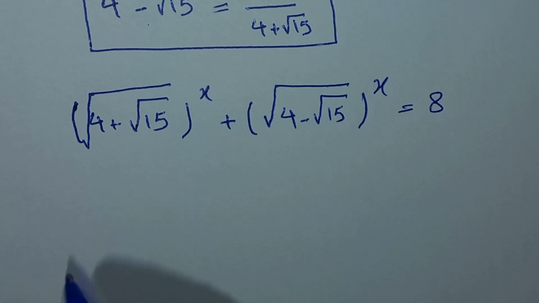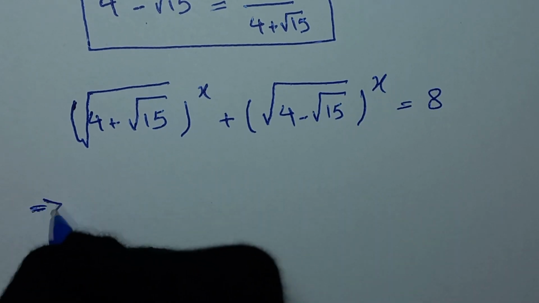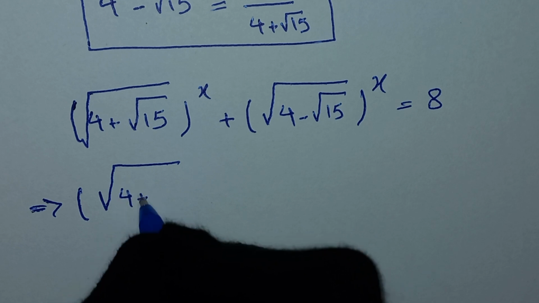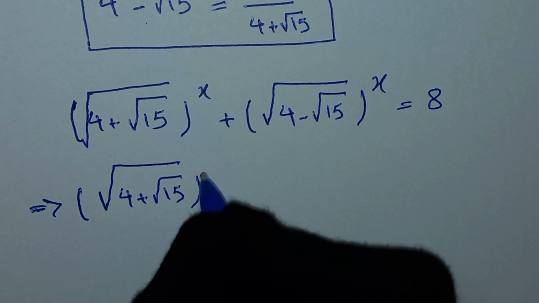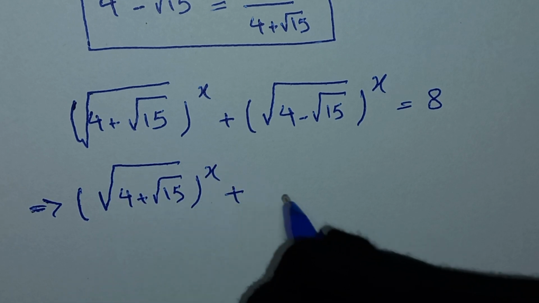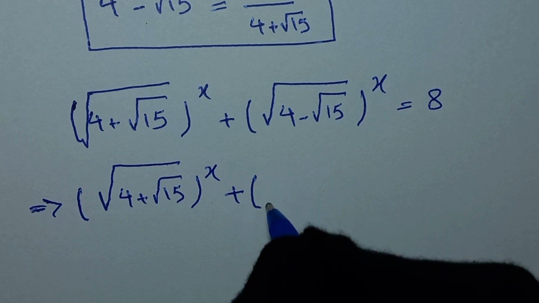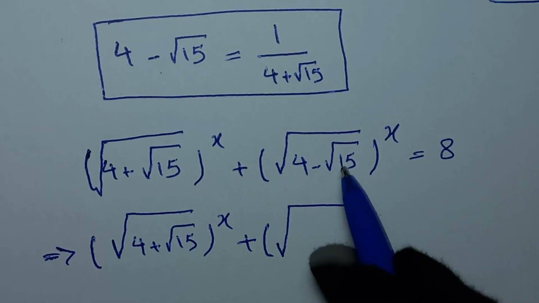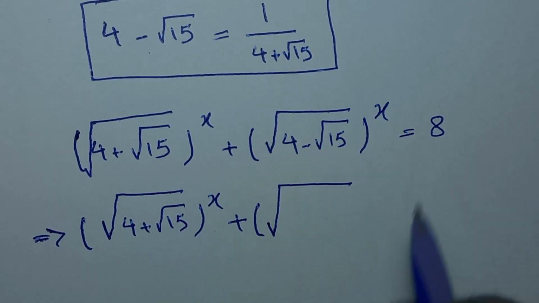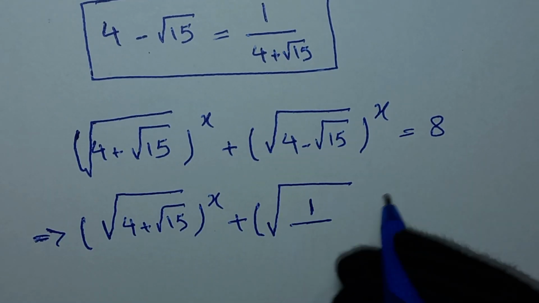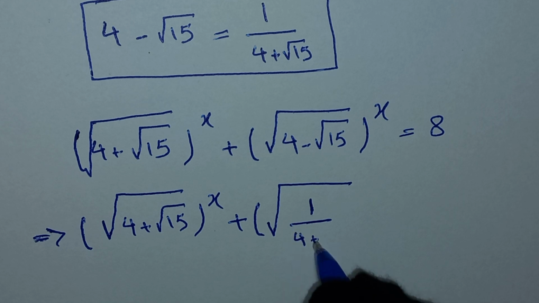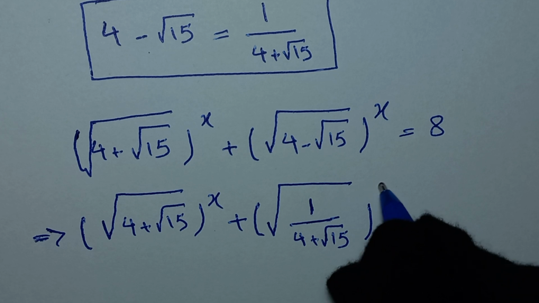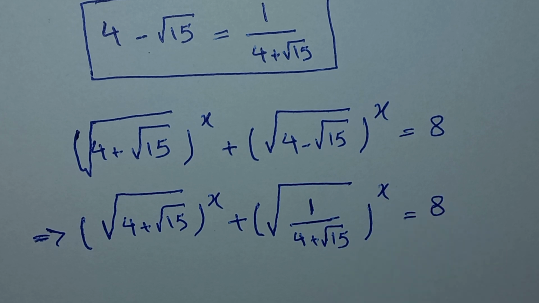So we can write this as square root of 4 plus square root of 15 to the power of x, plus square root of 1 over 4 plus square root of 15, to the power of x, is equal to 8.